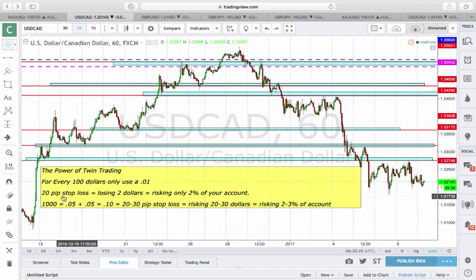An example: if I had $1,000 in the account, instead of doing a 0.10, which is 2% of your account, I would place an order for 0.05 and press it twice, so there'd be two orders within the same area. 0.05 plus 0.05 equals 0.10, which means if you did a 20 to 30 pip stop loss, you're only risking $20 to $30, which is only 2 to 3% of your account.